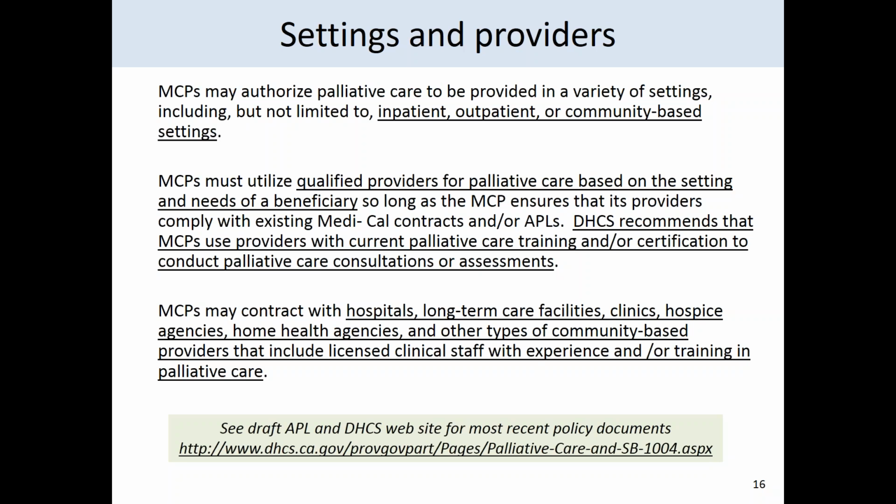So this care can be delivered in a lot of places by a lot of different types of providers working in different types of organizations. There's a requirement that you have training and expertise, but what constitutes adequate training is left up to, at least in the language of the APL, the discretion of the managed care plan.